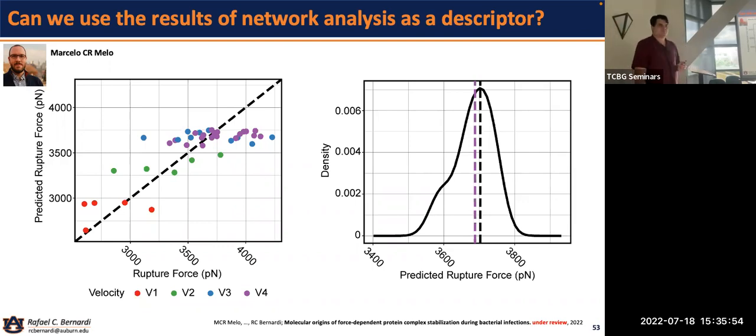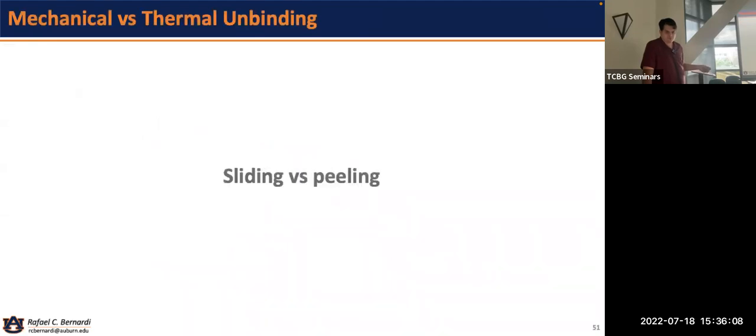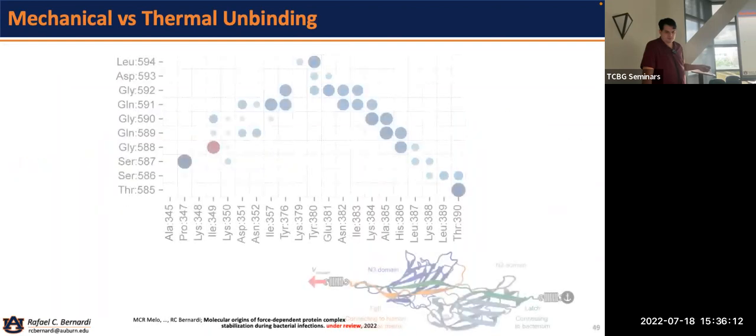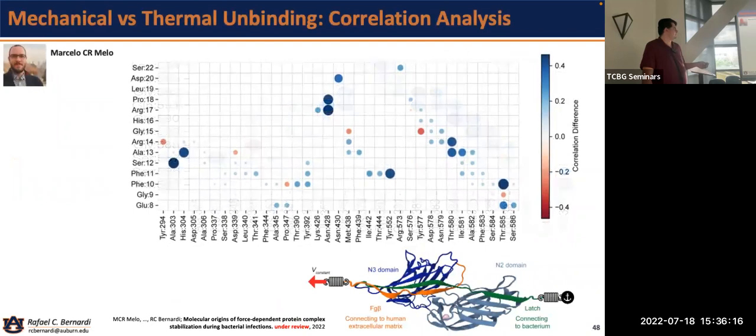So from your network analysis, you put all the correlations into your model? No, just a few contacts. Yeah, from this map here. Actually, it's from this one, because it's the contact with the peptide.